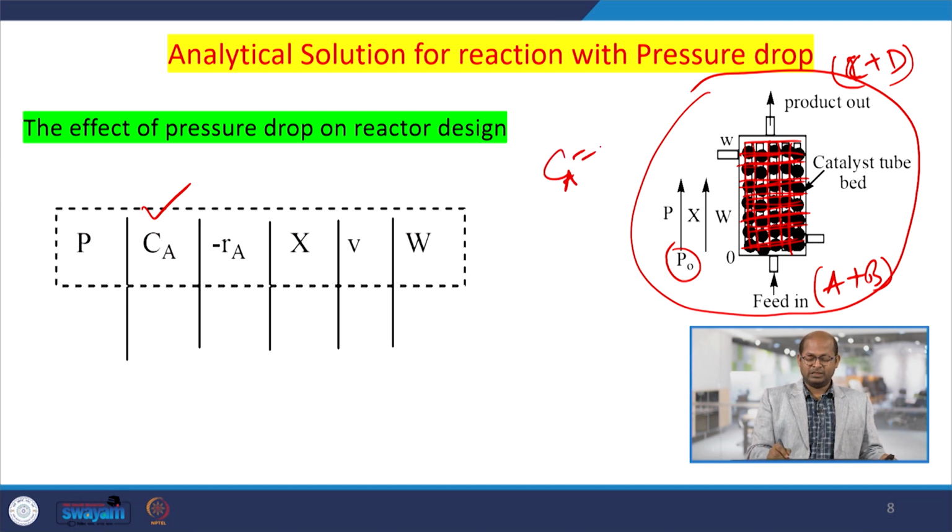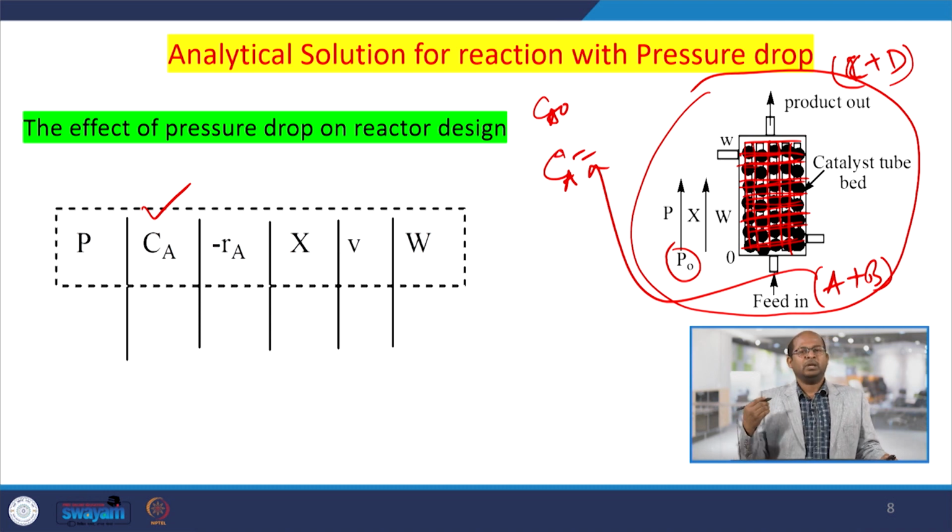Let us say Ca naught is the initial concentration of component A, and Ca is the concentration of the reactant along the length, since the reactants pass through the bed from the starting point to the inside of the reactor. The concentration of the reactant gradually changes along the length of the reactor or bed, so the concentrations will vary inside the reactor along the length.